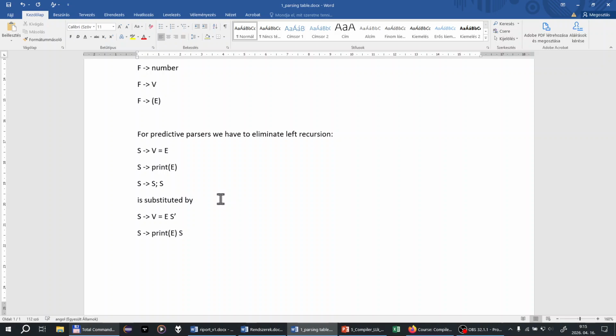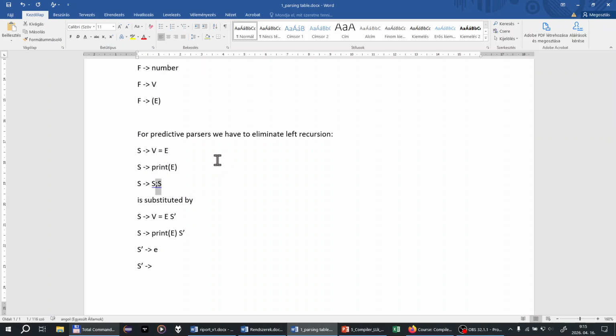And S prime can be either the empty string, or the part which is repeated on the right hand side.